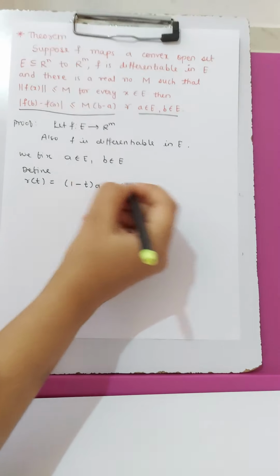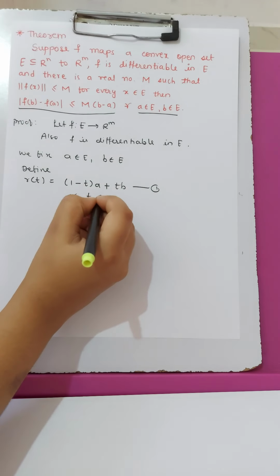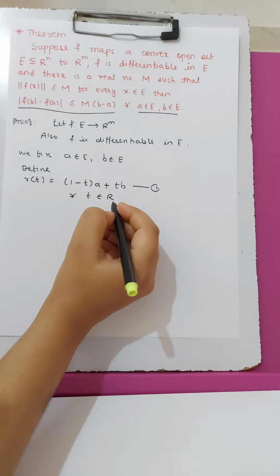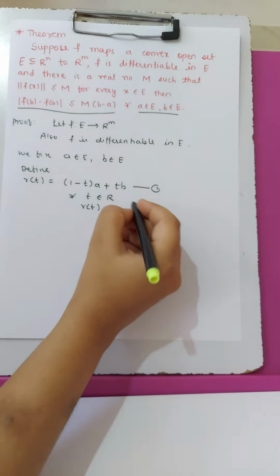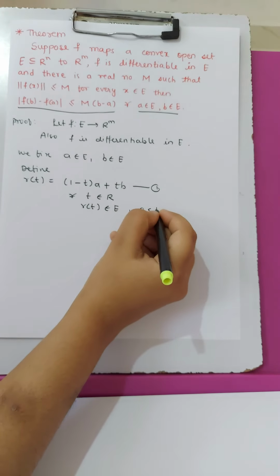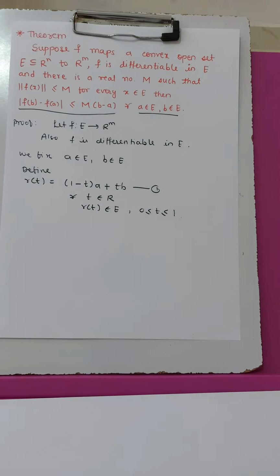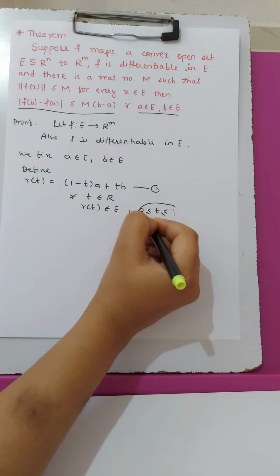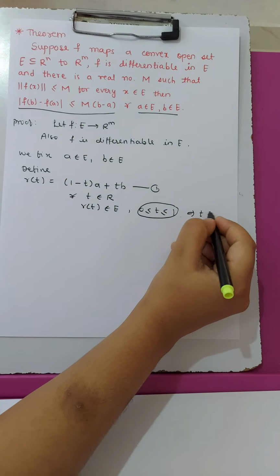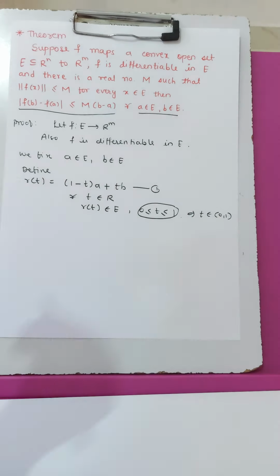Let it be number 1. Here for t belonging to R, gamma(t) belongs to E for 0 less than t less than 1. From this we can also say that t belongs to [0,1].